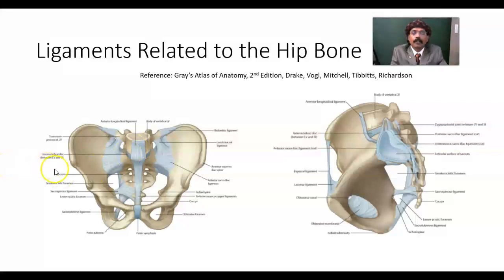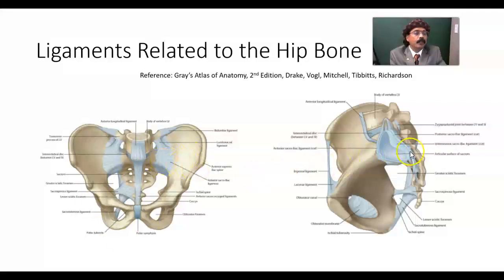Okay, we got that. And we have the anterior sacroiliac ligament. This is the sacrum, and our ligament should be here. The anterior sacroiliac ligament here.